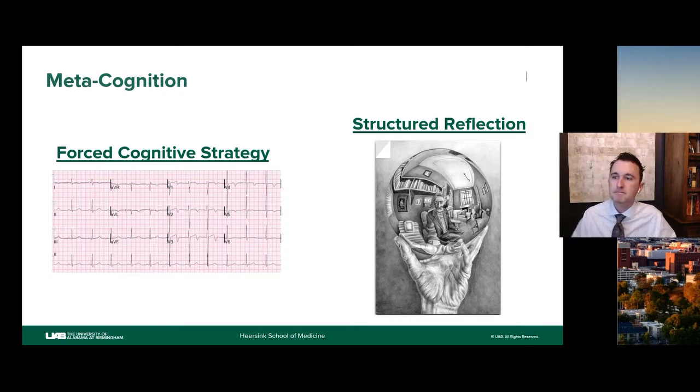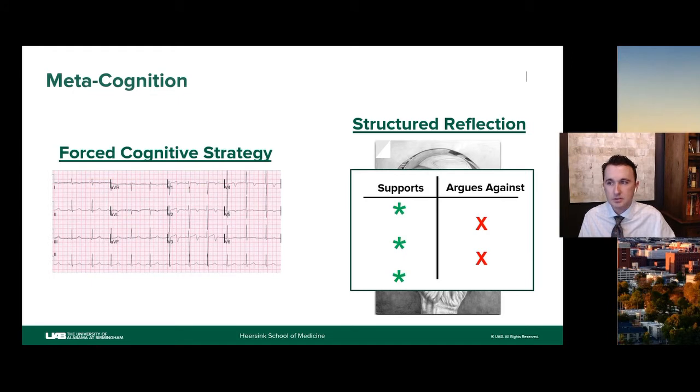The second metacognition technique is what we call structured reflection. With this technique, you take the top 4 or 5 diagnoses that may be in your differential, and you make 2 mental columns. You start with your most likely diagnosis, and in one mental column, you list all the facets of the case that support this working or most likely diagnosis.